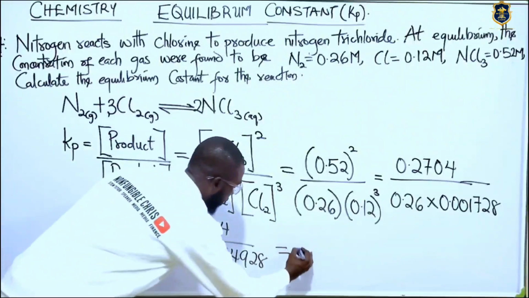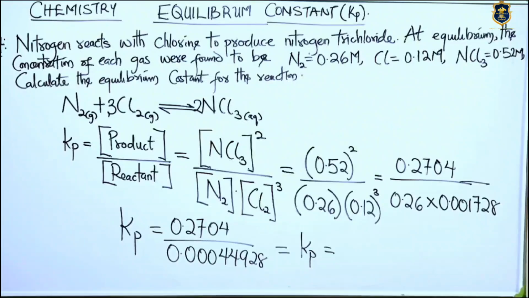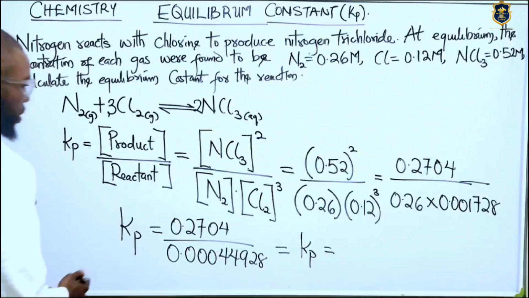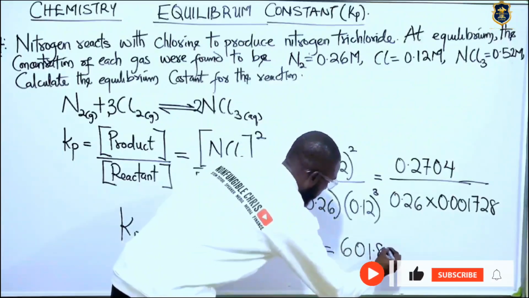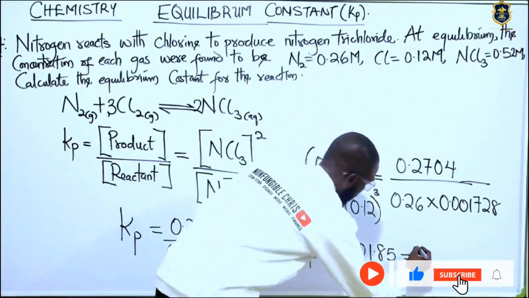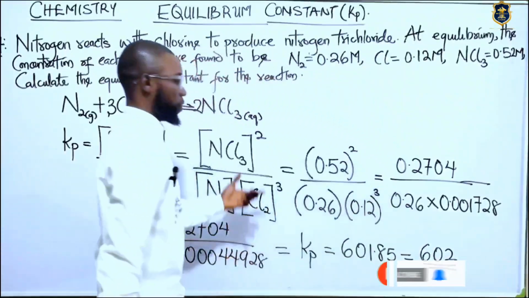If we take the quotient of that, our Kp is going to be 601.85, approximately 602. So that's our answer.